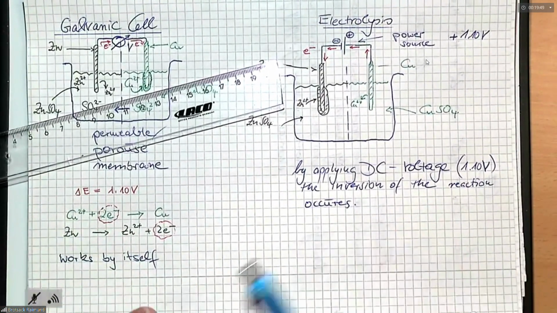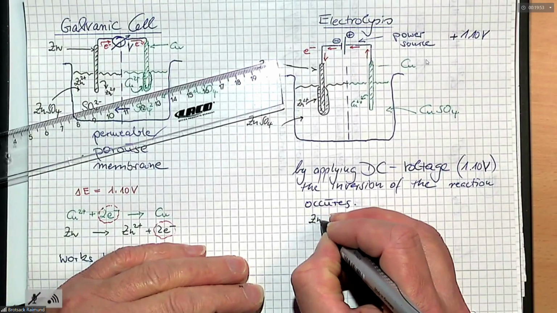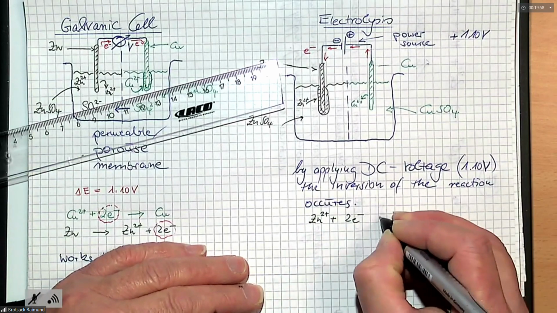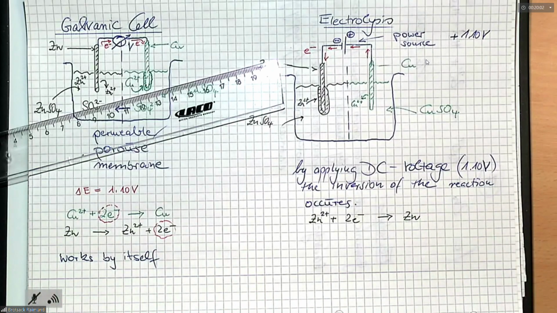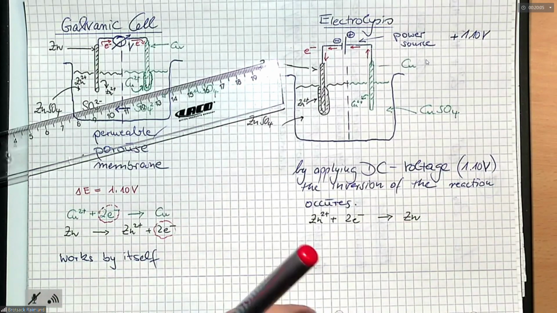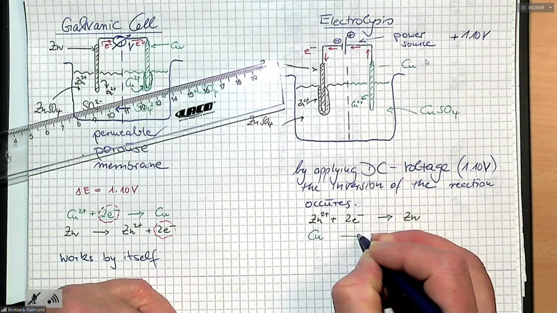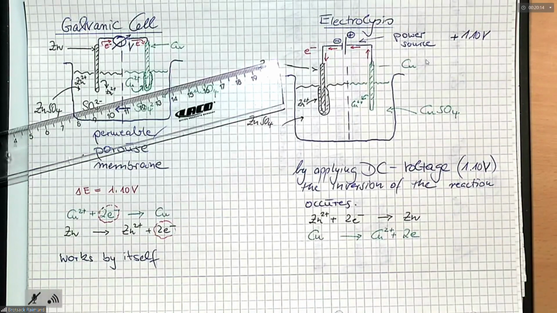So here now we have the reduction of zinc to form elementary zinc. And we have the oxidation of copper. But that means the invest of power.